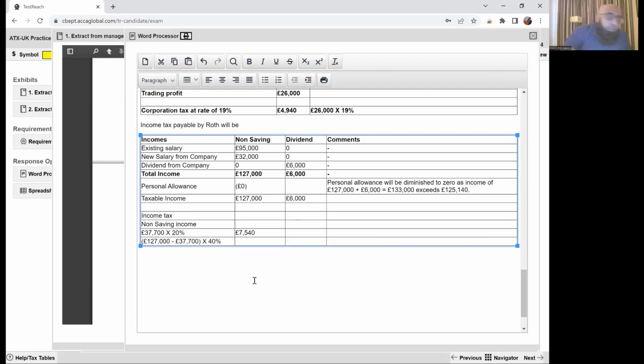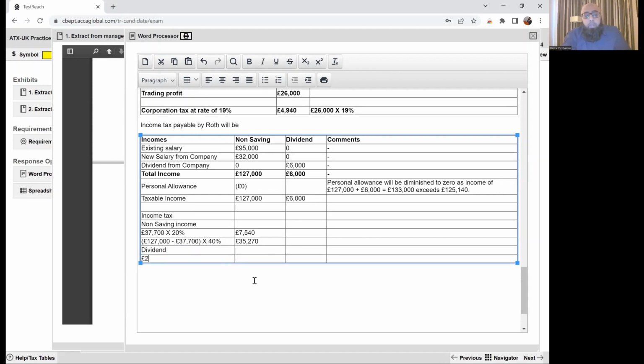On the remainder, it will be 40%. So it's 35,270. Now the dividend income on the first 2,000, it's 0%. So it's 0. On the remaining dividend, we will apply 32.5% since we are a higher rate taxpayer. Our basic rate band is used till here. So it's 1,300.